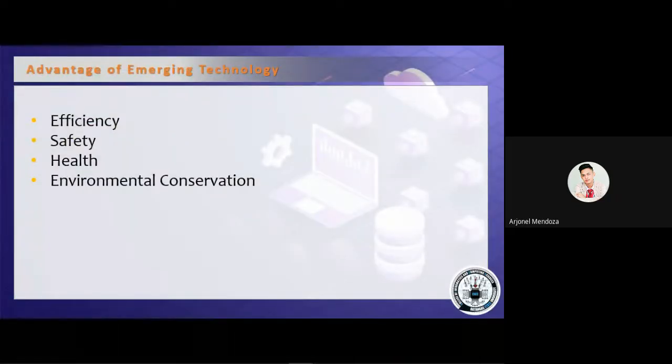Environmental conservation. So, yung mga previous technology, merong ilang nakakasira ng kalikasan. So ngayon, ginagawa ng emerging technology, binabago yung previous technology into a new technology that can conserve our environment.